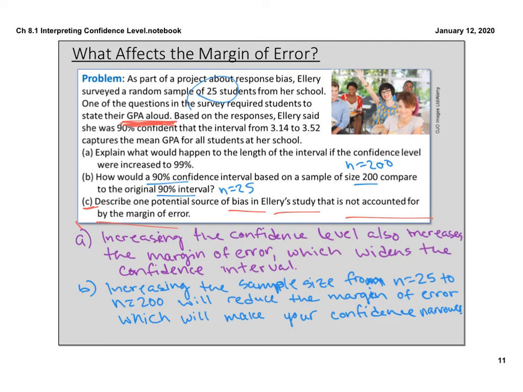If they're tempted to lie or misreport their GPA, then our sample mean will likely be inflated, because they're probably going to say that their GPA is maybe a little bit better than what it actually is.